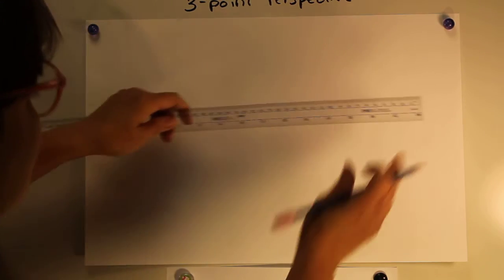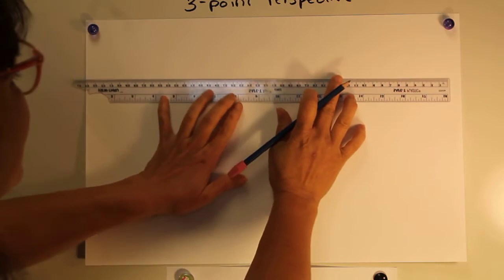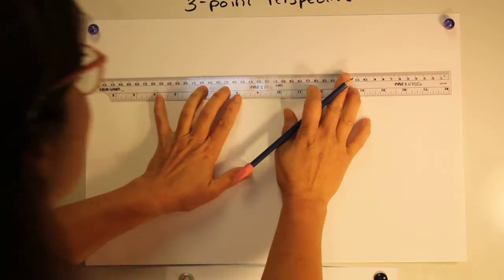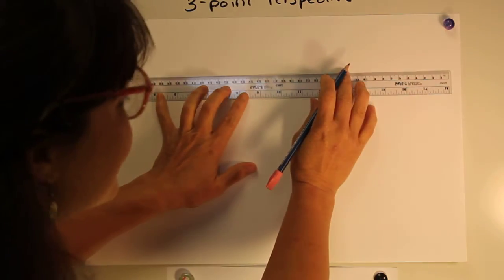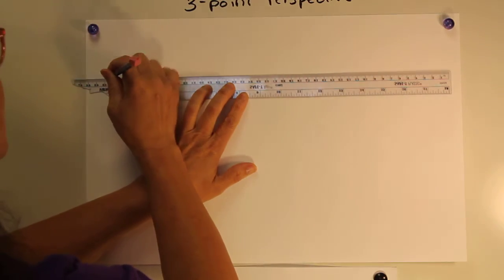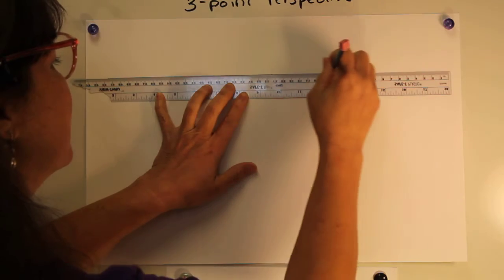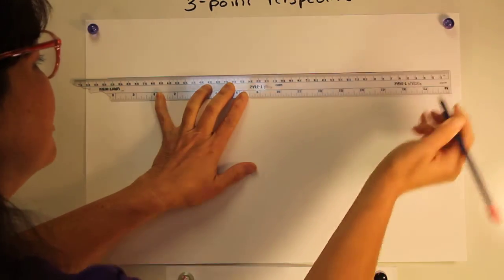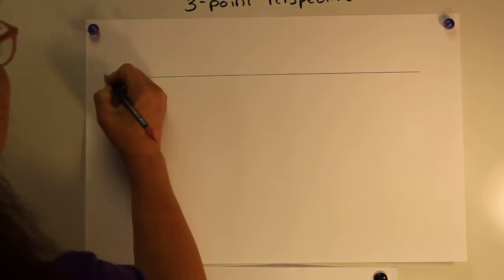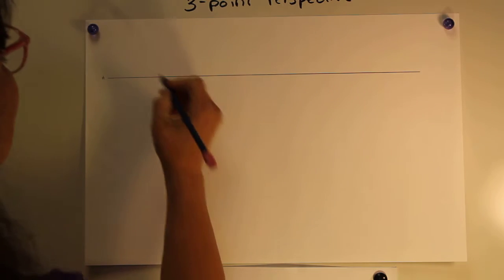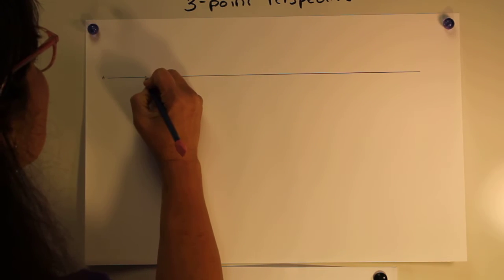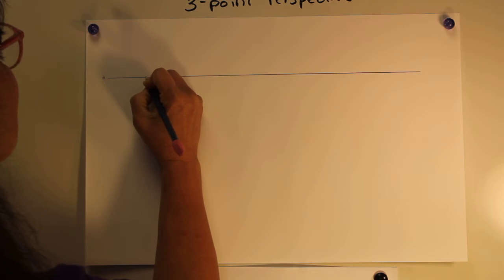So, as usual, I'm still going to need a horizon line. I'm trying to get this so it visually looks nice and parallel to the other horizontal edges of the paper. And I'm going to put a vanishing point, a little precise point on the left.